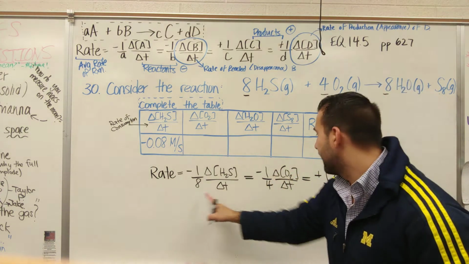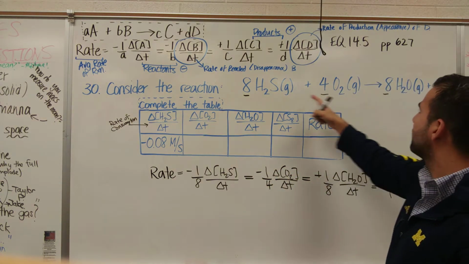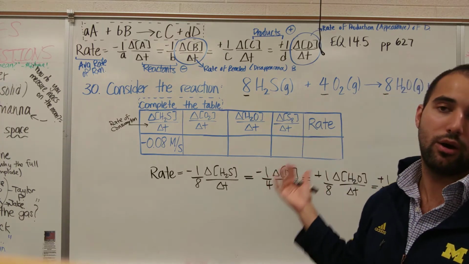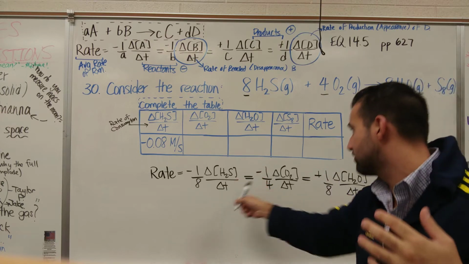How did I do this? I got the 8, the 4, the 8, and the 1 from the balanced stoichiometric coefficients, and I'm just writing change in H2S over change in time, change in whatever.